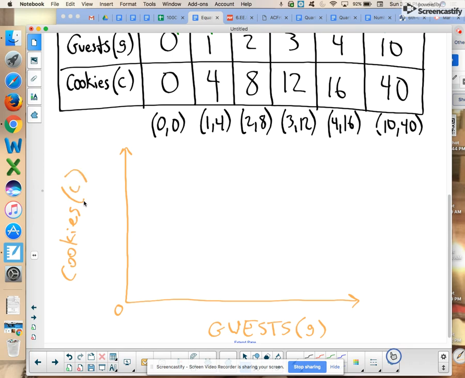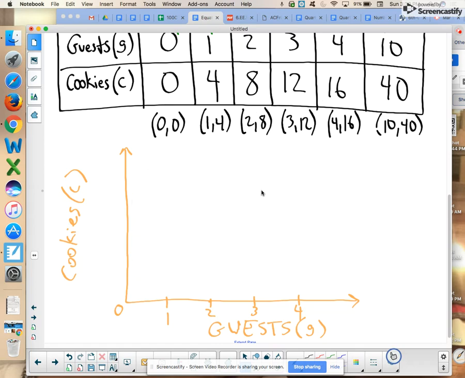And now we need to come up with our intervals. So our x interval, we're just going to go 0, 1, 2, 3, 4. So we don't need too detailed of an interval. We're going to go up by 1 each time. And our y interval, we're going to go all the way up to 16.